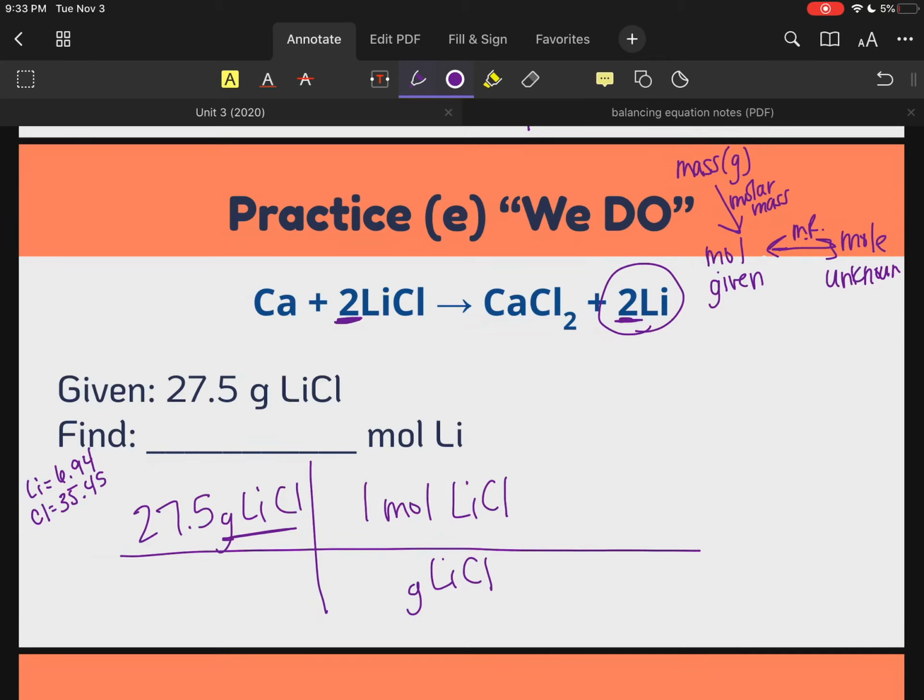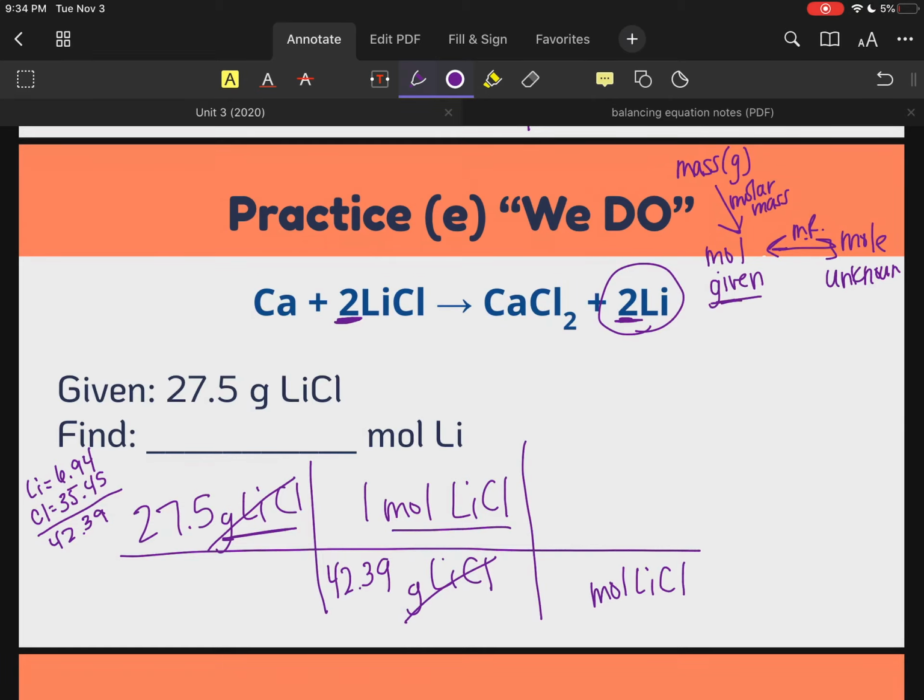Chlorine is 35.45. So when I add it up, I get 42.39 grams per mole. My grams have canceled. Moles of lithium chloride on the top, moles of lithium chloride on the bottom.